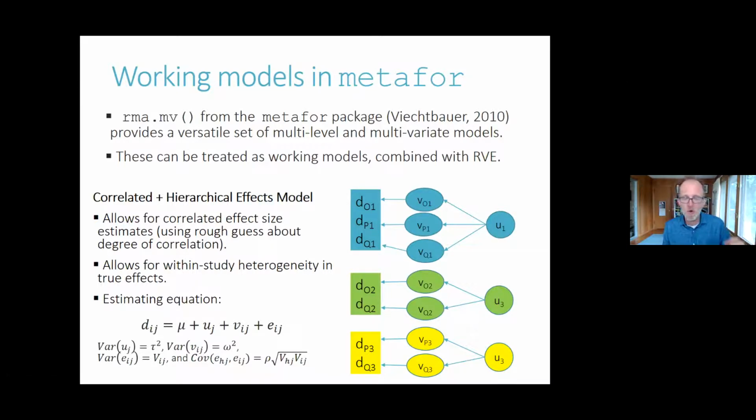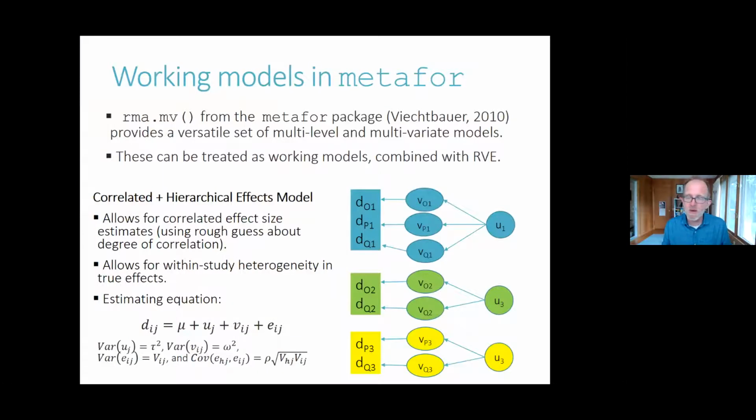And we allow for correlation between the sampling errors within a given study, assuming there's some correlation that you specify, some value rho describing the correlation between effect size estimates E_HJ and E_IJ, so two estimates that are nested within the same study.